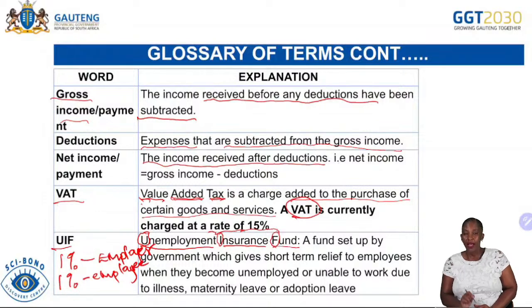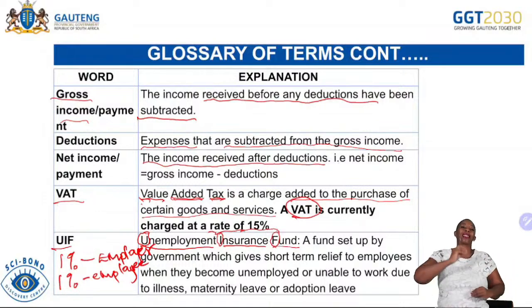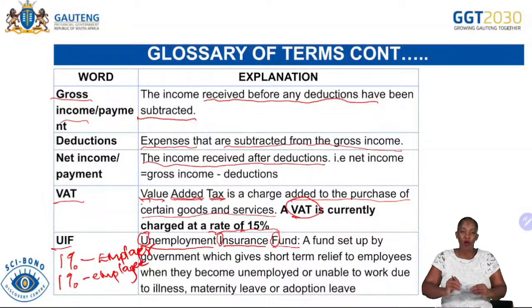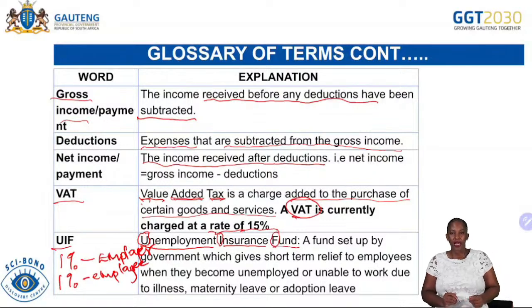All in all, when the money is taken to the insurance fund, 2% will be taken. They won't only take 1%. It means the employer meets the employee halfway.